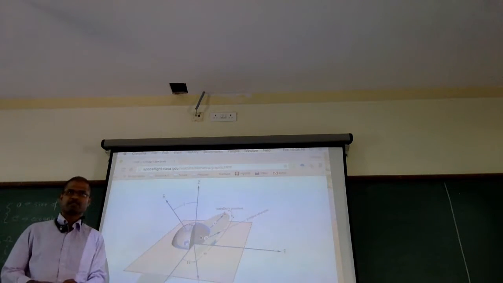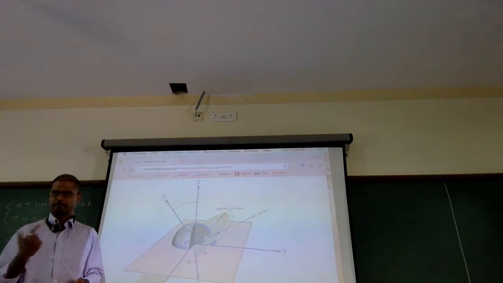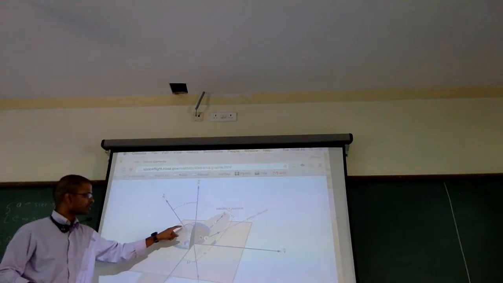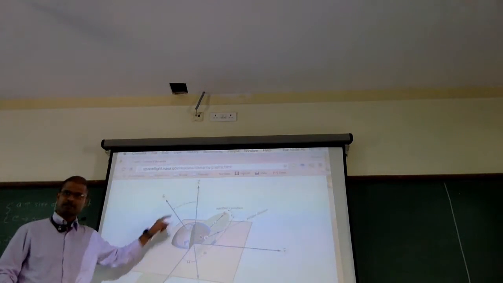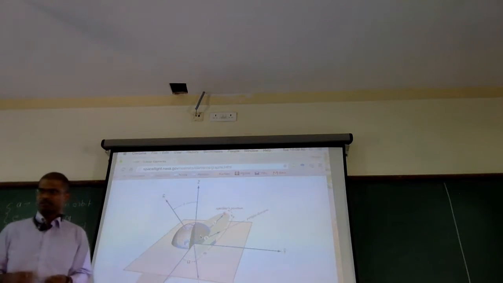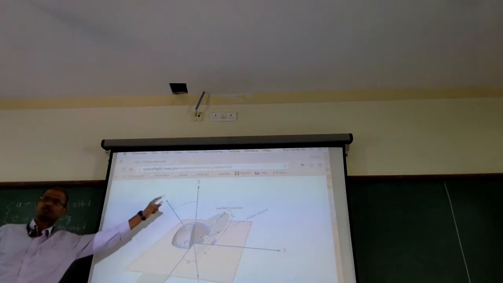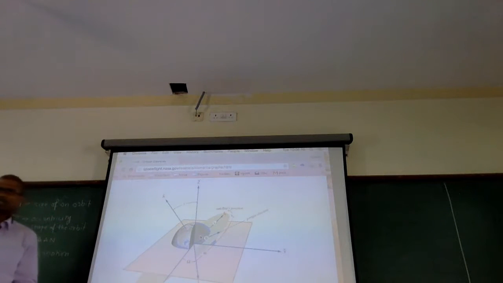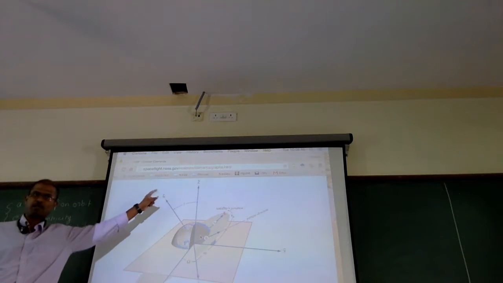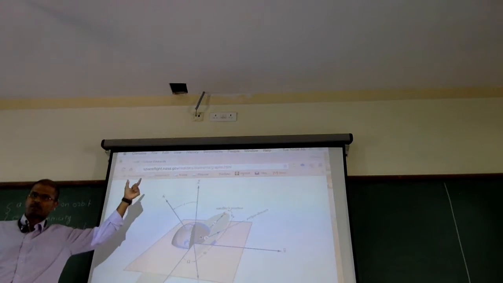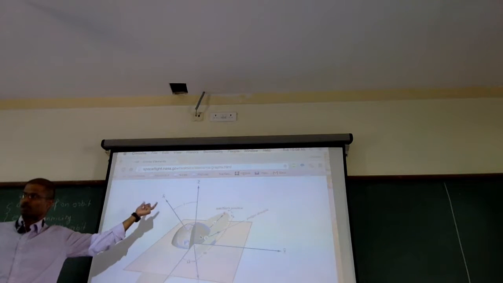The z-axis, the equatorial plane. What plane does this define? The ecliptic plane. So this ecliptic plane is also defined by the angular momentum vector. This is the same H we used in our orbit equation.